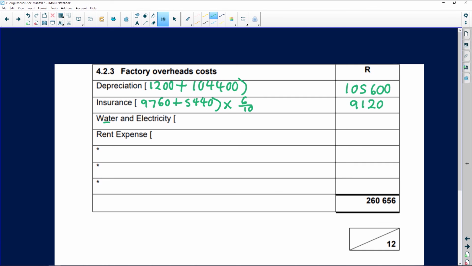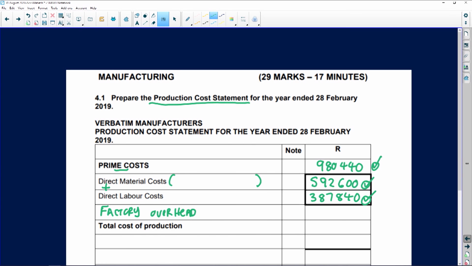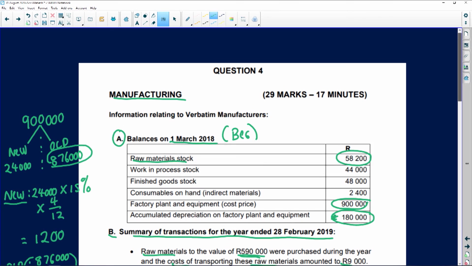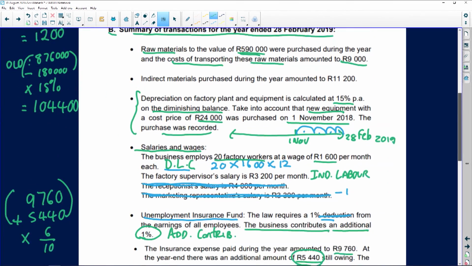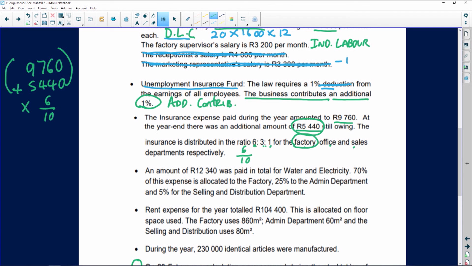Right, let's move on. The next expense, water and electricity for the factory. So once again, we've got to go back to our information, right, and let's quickly find water and electricity. There we go. So an amount of 12,340 Rand was paid in total for water and electricity. 70% of this expense is allocated to the factory.